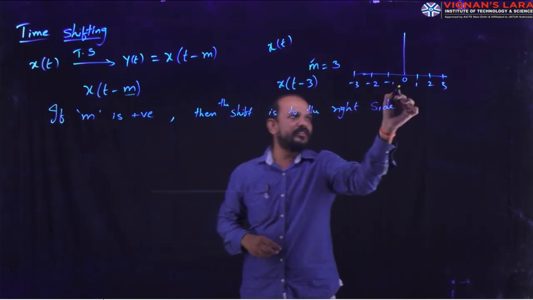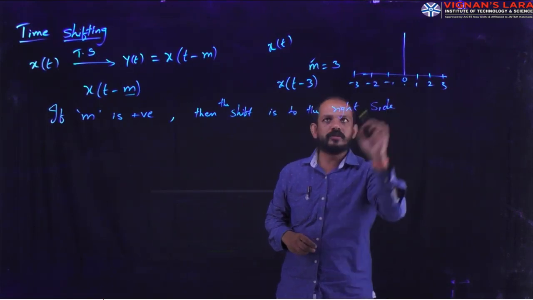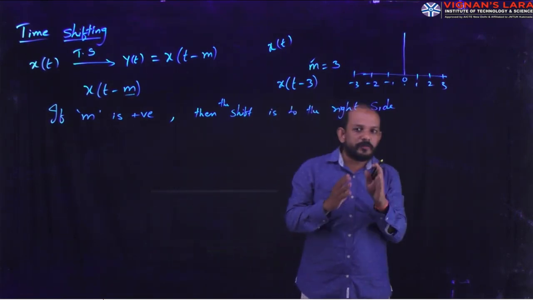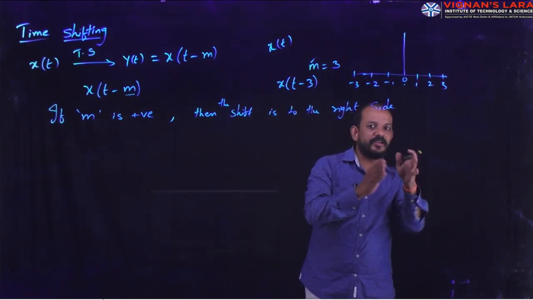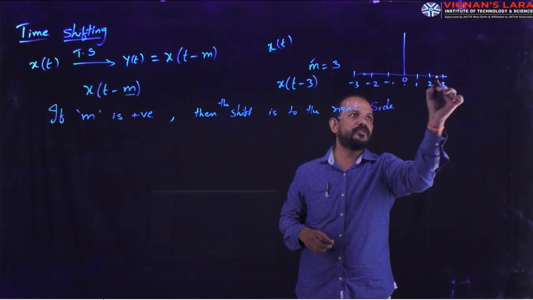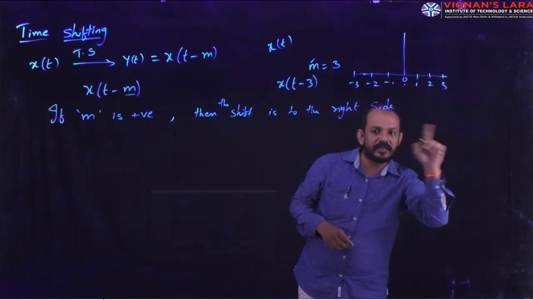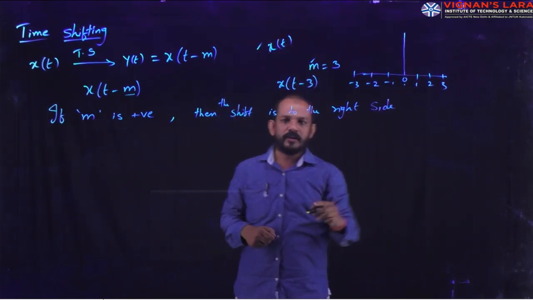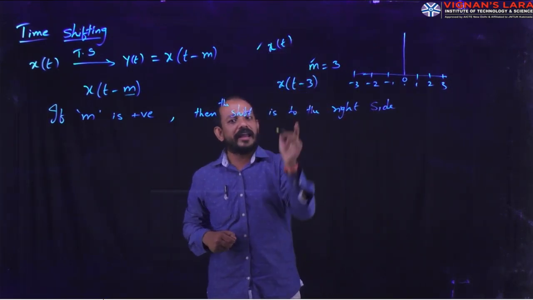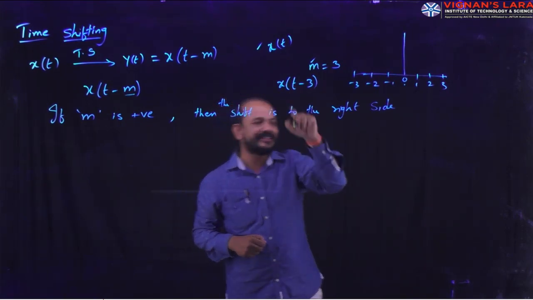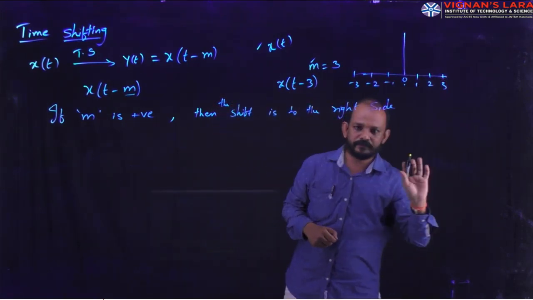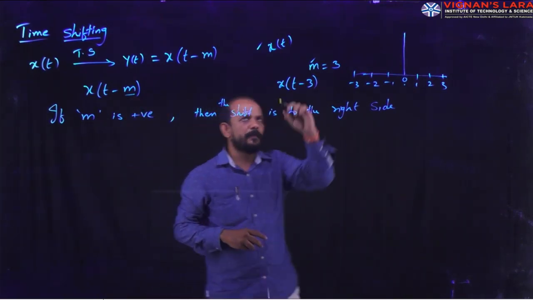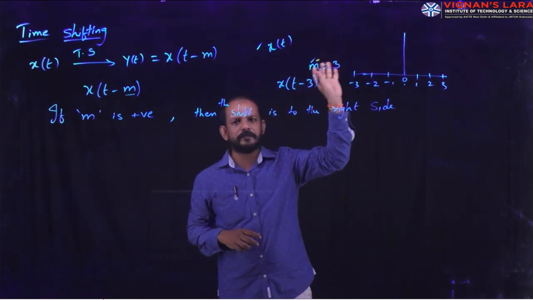If x of t starts at 0, then x of t minus 3 should be shifted 3 units to the right side, that is 1, 2, 3. So the signal has to start from 3. The remaining all are the same; the shape of the signal is the same.